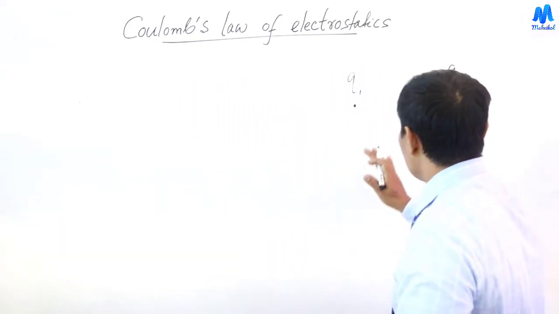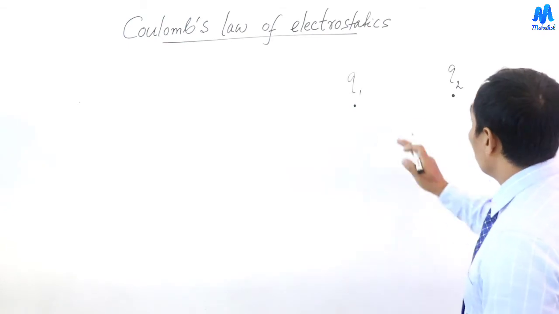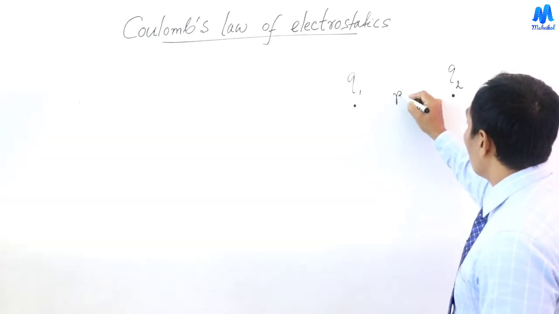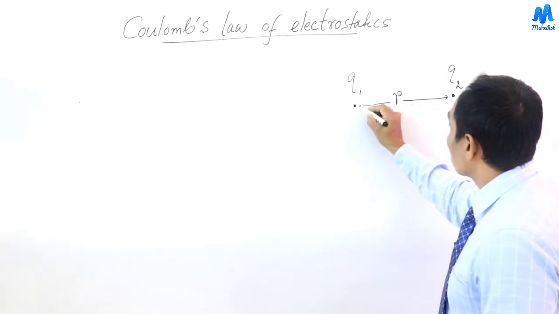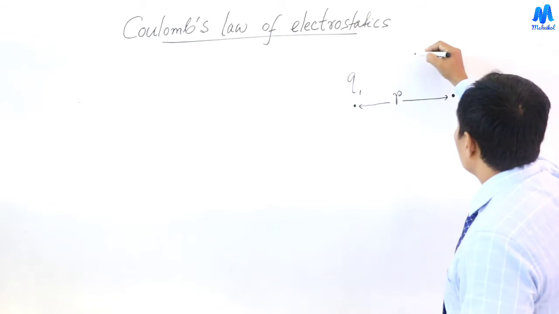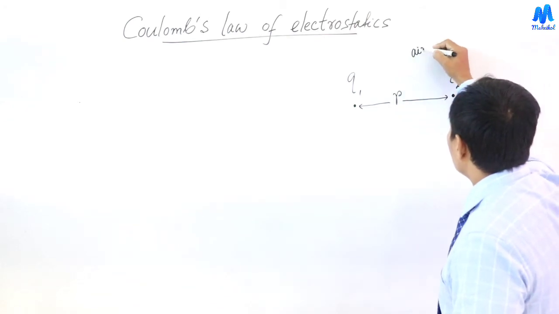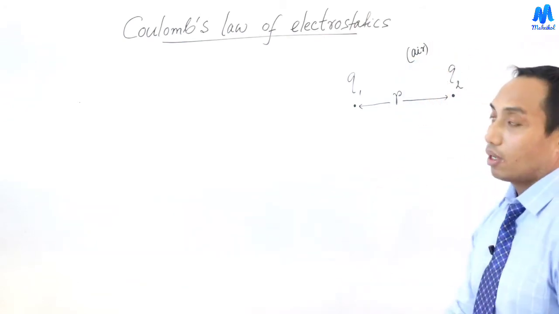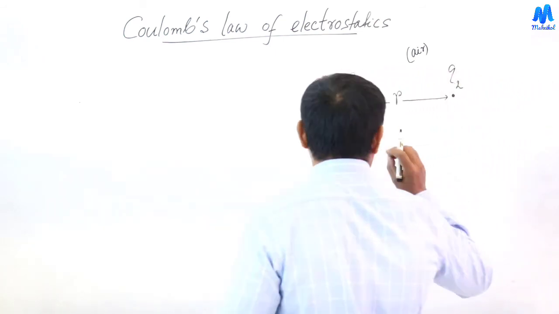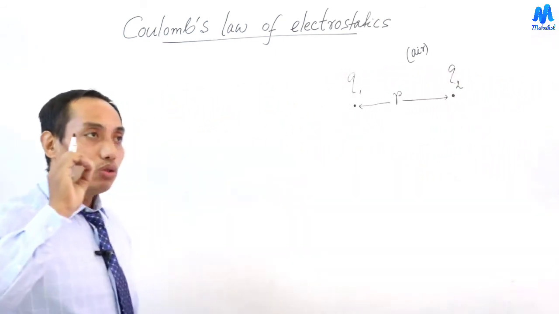Let us consider two point charges Q1 and Q2 separated by a distance r in a medium, generally air. Coulomb's law gives the magnitude of electrostatic force between the two charges.